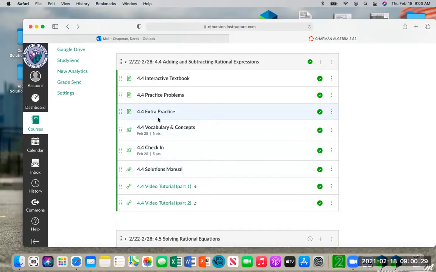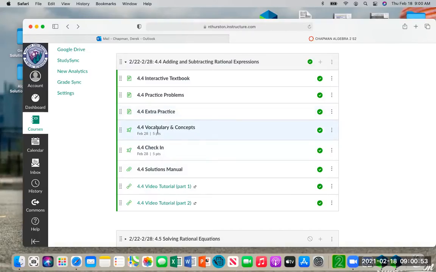Extra practice: if you want some extra practice with one of the concepts that's taught in the lesson, or all of them, you can look at that section and see where you can access some extra problems. The 2 assignments for next week unlocked as well, the vocab and concepts and the check-in. Just keep in mind with this vocab and concepts, the thing that I can tell you that'll help you out the most is just have your book out. All of those questions are coming straight from your book.